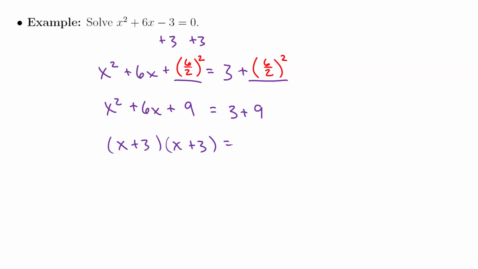That must mean I put 3 in both of these spots, and then 3 times 3 is 9. That would be the way to reverse engineer what the appropriate thing to add to both sides is. x plus 3 times x plus 3 is x plus 3 squared. And then apply the square root property.